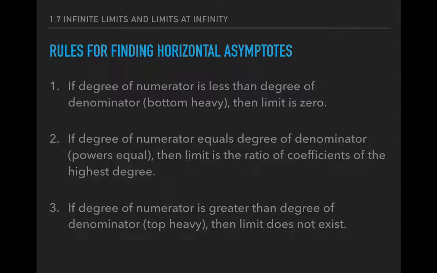Your horizontal asymptote is 0. If your degree in the numerator is the same as the degree of your denominator, so your powers are equal, then the limit is the ratio of the coefficients of the highest degree in the numerator and denominator. And if the degree of the numerator is greater than the degree of the denominator, so it's top heavy, the limit does not exist. These are some rules for horizontal asymptotes.